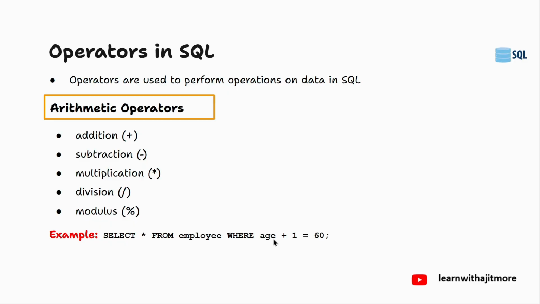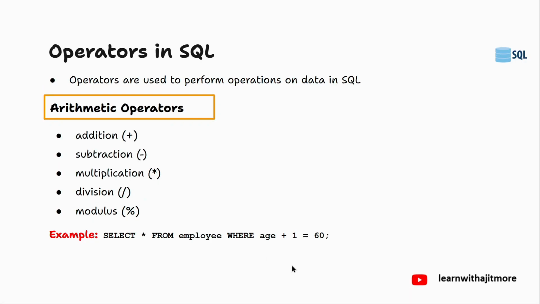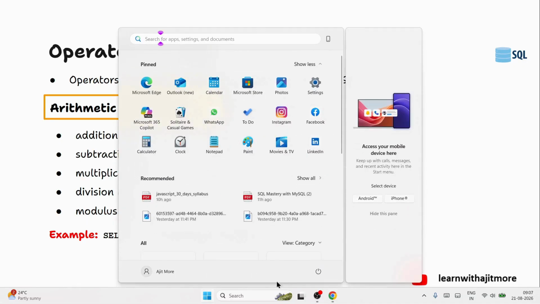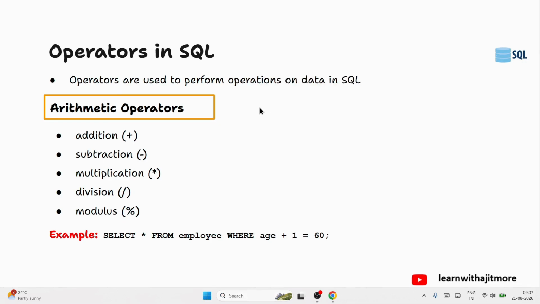In short, everyone whose age is 59, so 59 plus 1 is equal to 60. Only those records will be printed. It is not actually going to permanently add. It is just adding 1 and checking whether it is equal to 60. And about modulus, yesterday I showed you, if you remember, we'll quickly take one example based on it.